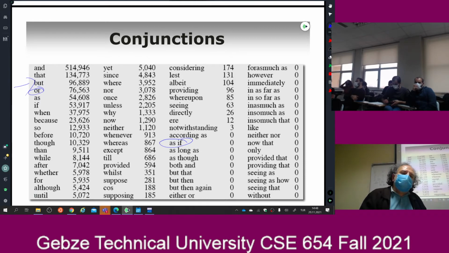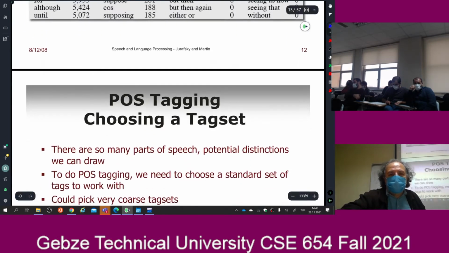And the point that we need to take out of these tables is that even with these kinds of closed sets, what we are observing is that one word can belong to more than one table too. So there is ambiguity in there too.